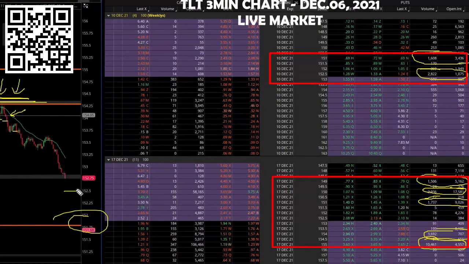You got the puts 154, and you are going almost $2 in the money if it goes to 152. The stock will probably get an oversold bounce. It's coming down, but once again, don't expect this thing to go extremely down once and for all. If it spikes down, you sell it all, because it will get an oversold bounce.